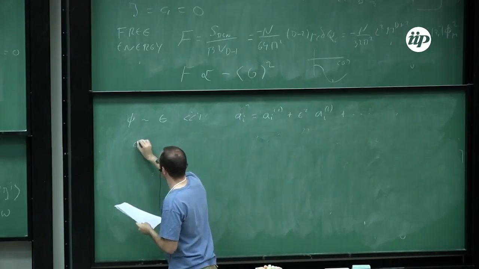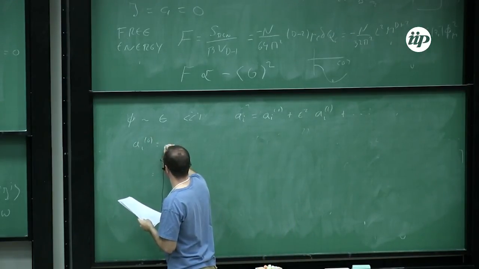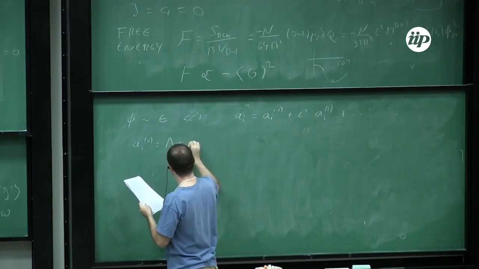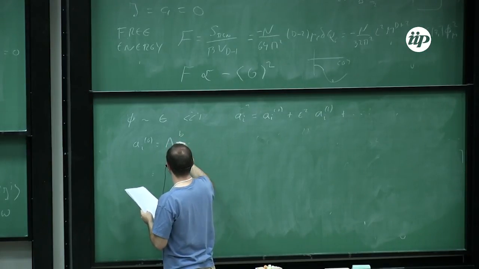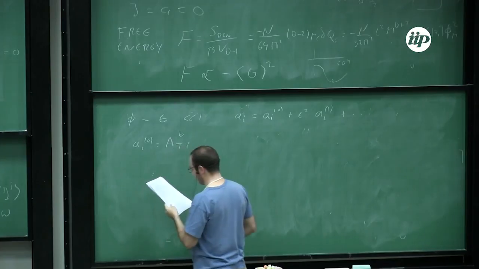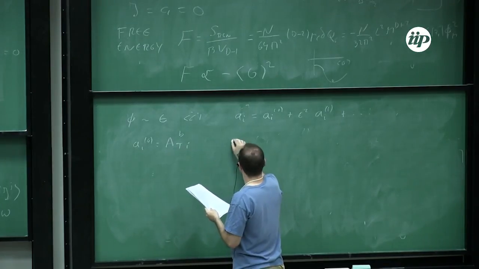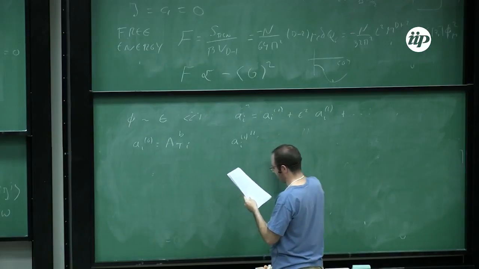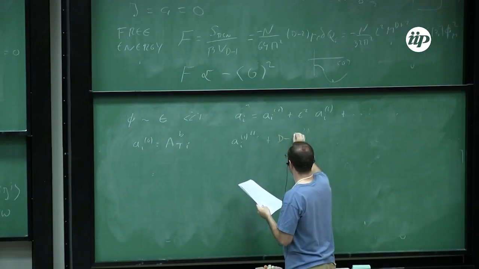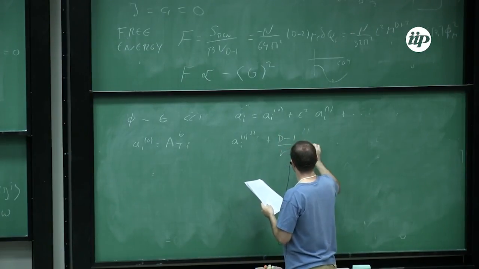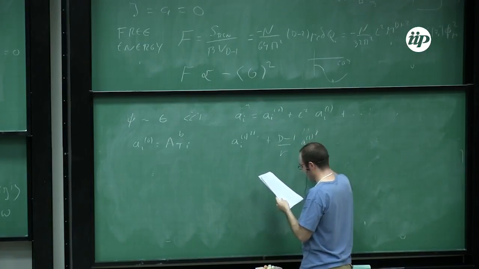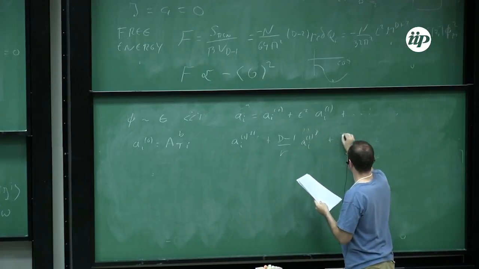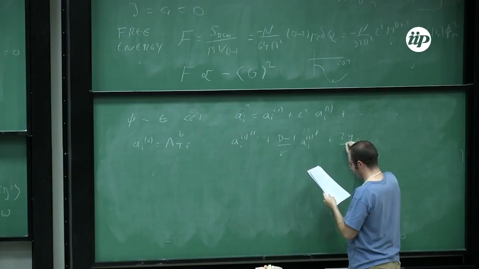So the solution for the leading term is still the same thing. Some constant. The equations don't change. And the equation for the next order correction is like this. There is the homogeneous part, which is always the same. And then there is a part which depends on the scalar field.